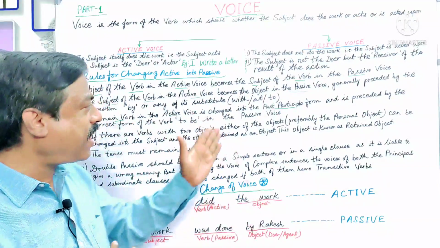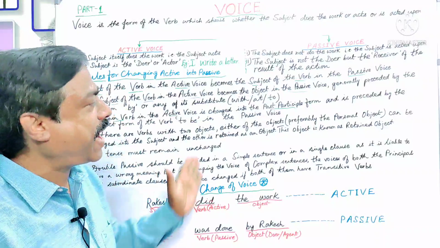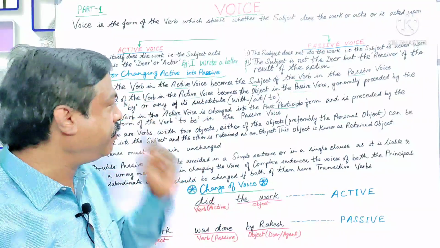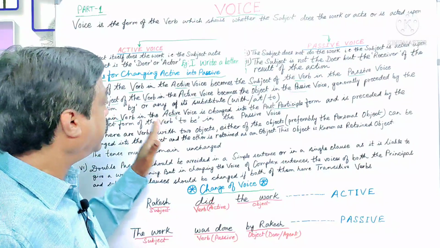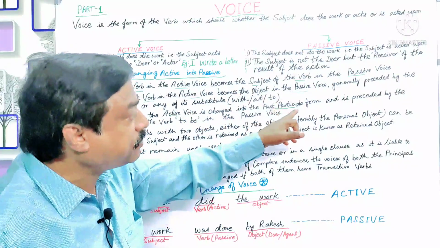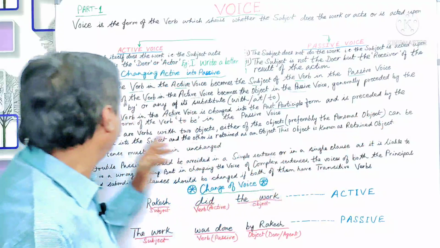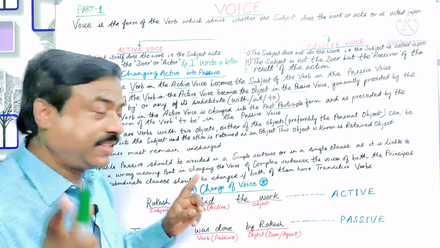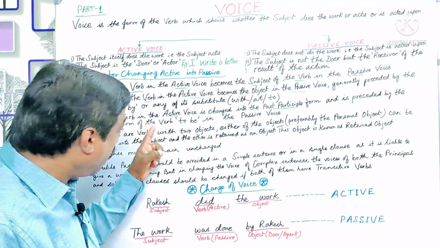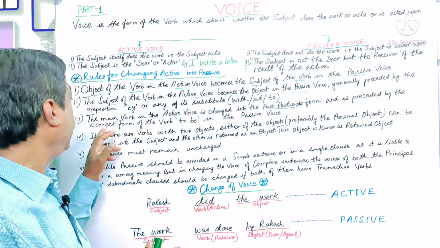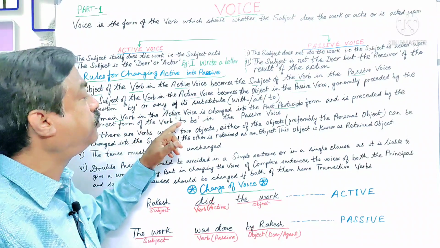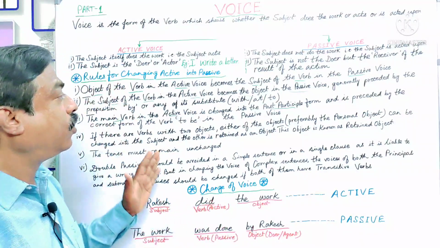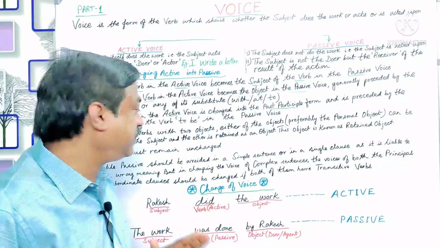We have to use the past participle form when we change from active to passive, and that is the one thing that you should remember always. So the main verb in the active voice is changed into the past participle form and is preceded by the correct form of the verb to be. This is one of the important aspects here. You have to use the correct form of the verb to be in the passive voice. So the third point is clear to you.